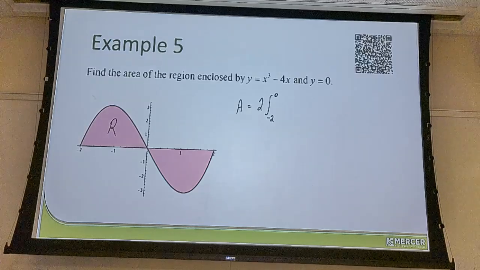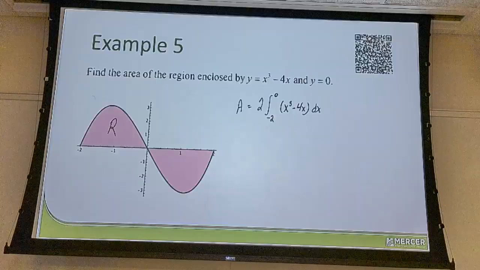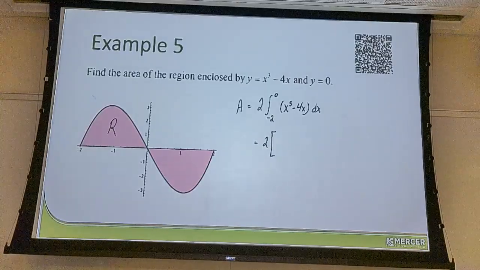The integral of x cubed minus 4x. What's our antiderivative? X to the 4th over 4 minus 2x squared.